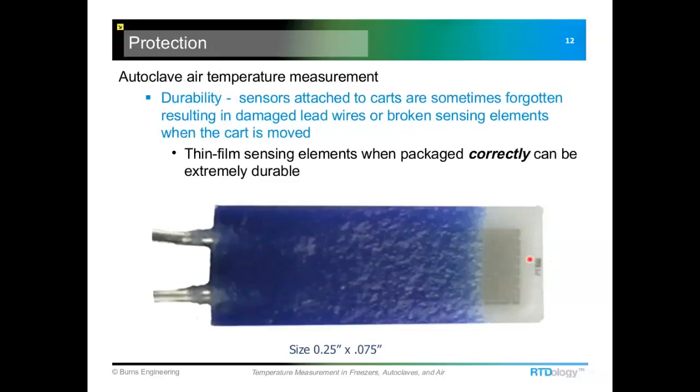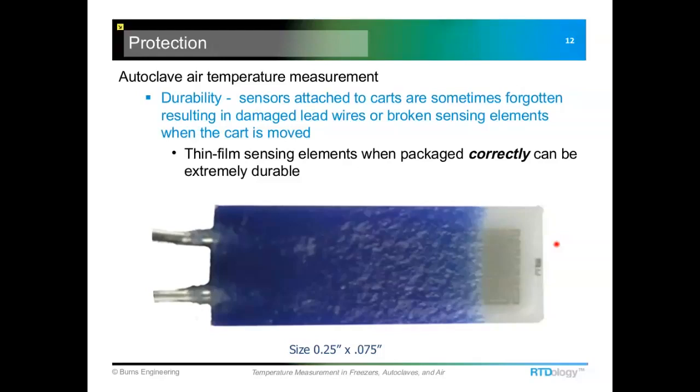You can see the little platinum traces right here. When these are packaged correctly, and I have to stress correctly, they can be extremely durable. So a sensing element like this in an autoclave probe, you can drop this on the floor, you can bang it around, and it's not going to hurt it any.